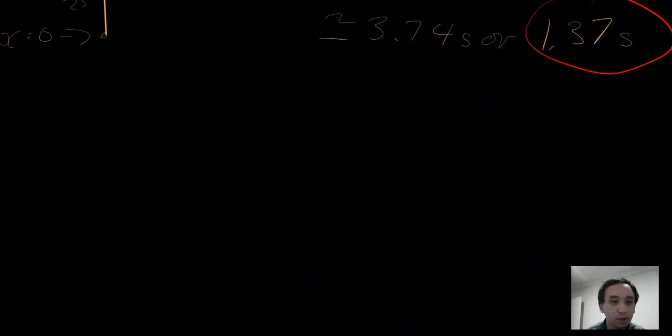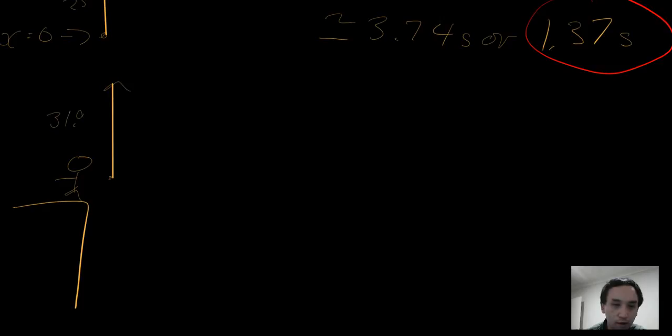Okay, so we got the cliff, and the stone goes up by 31.9 meters. Of course, we need to remember that from here to down here, this is 20 meters.